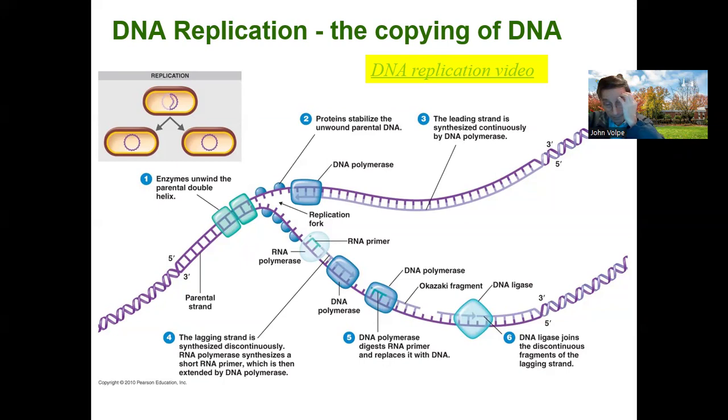And let me get to the end of the story, and then I'll talk about the third enzyme you must know. The RNA primer, we're going to talk about it, but it's not critical that you know this, because the RNA primer puts in a stretch of RNA to begin the DNA replication.